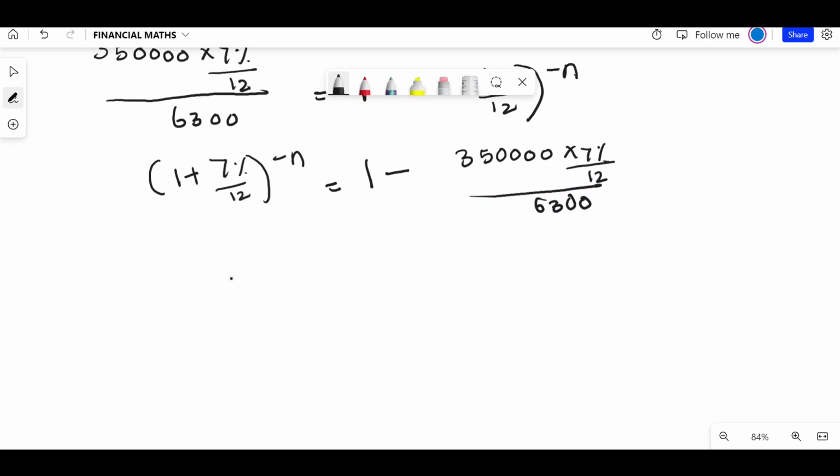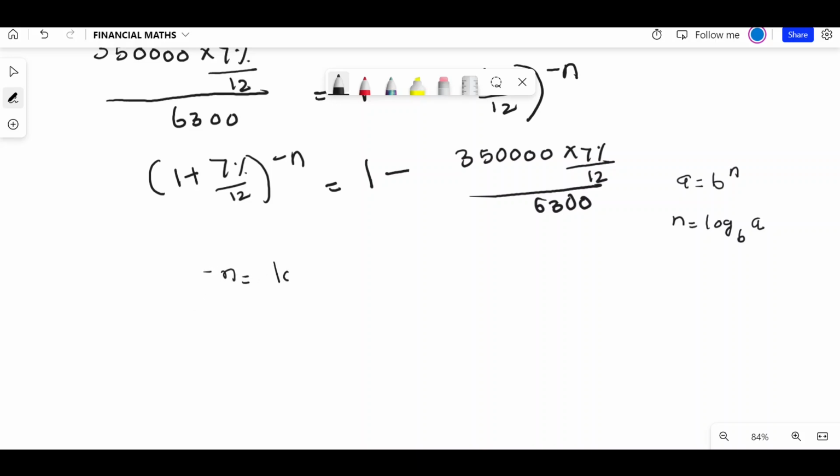Now you can see the unknown n is in the exponent. Whenever you are finding something in the exponent, remember the step that I mentioned earlier in part 2 of financial maths. When you have something like this and you have to find n, it's log, the base is still b, of a. That's what we are going to do here also.